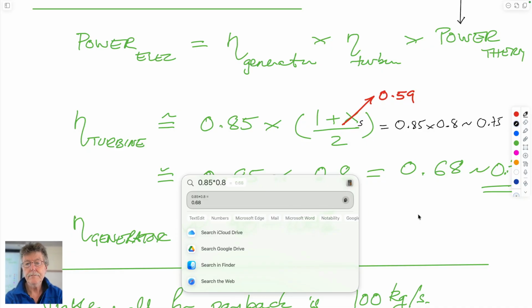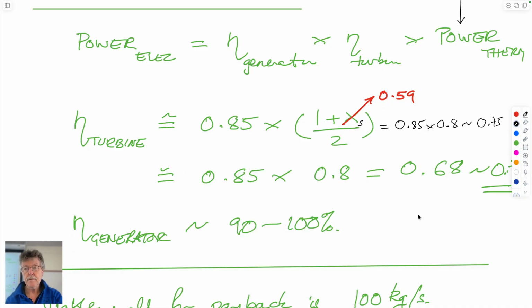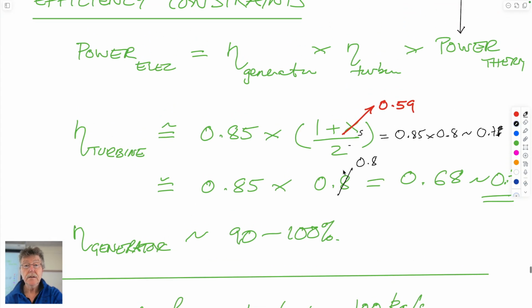So it's about 0.7. And so this is kinetic to electrical.